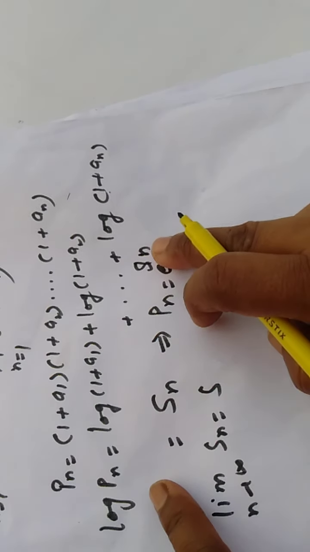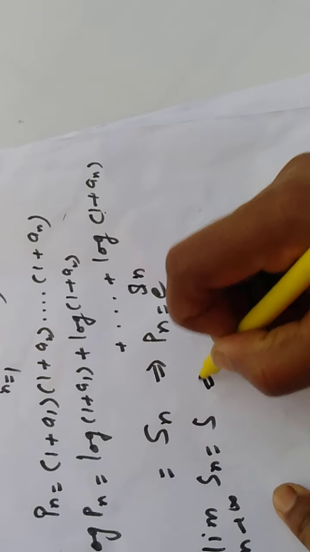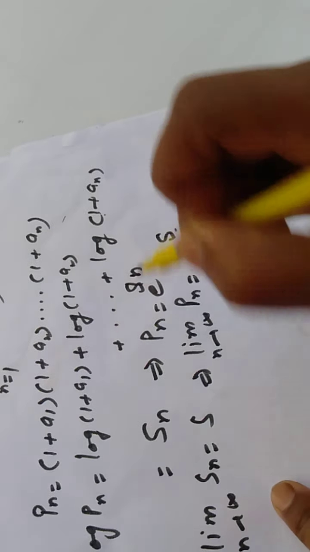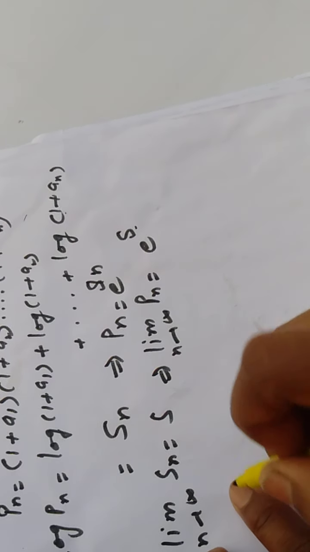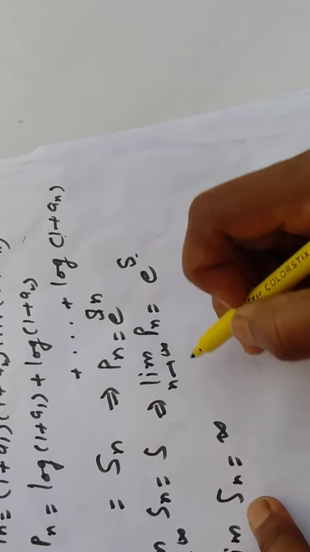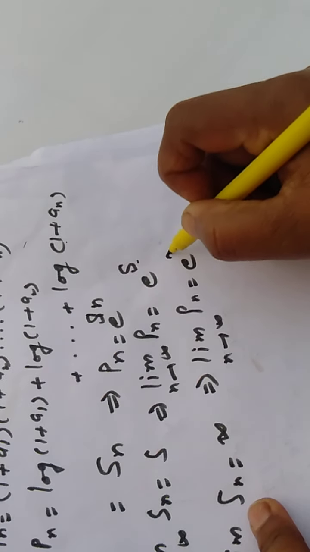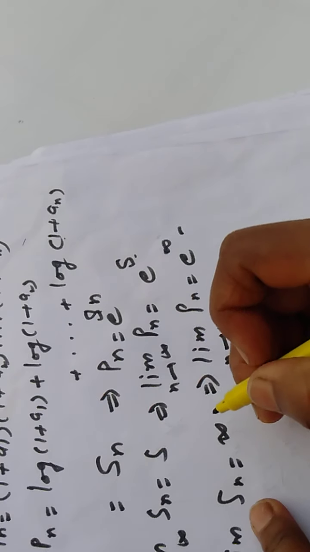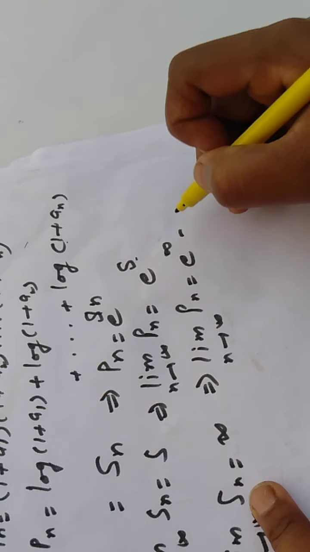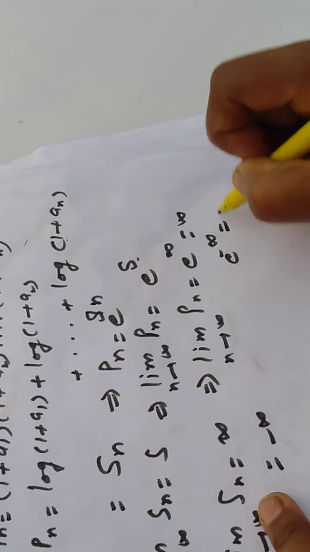And if the limit as n approaches infinity of Sn is S, then the limit of Pn is e to the S. When the limit of Sn is infinity, it implies the limit of Pn is exponential infinity, which is infinity. And if it is minus infinity, then the limit of Pn will be exponential minus infinity, which is 0.